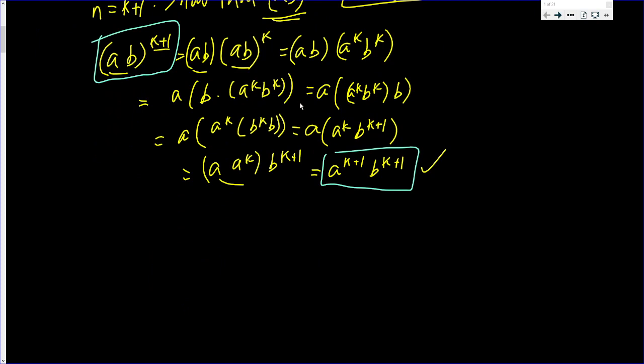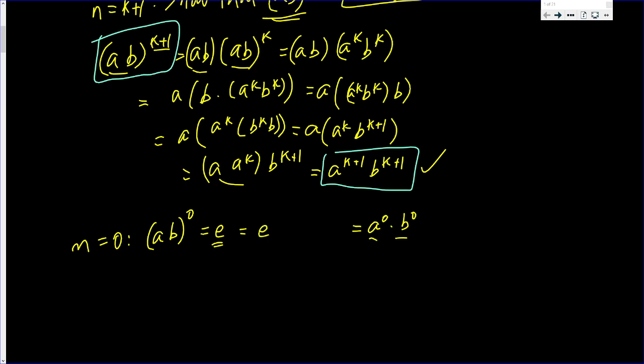Now, let us consider the case when n is 0. Well, (AB) to the 0 is E. And I want it to equal A to the 0 times B to the 0. Well, that's E times E. So let us get two E's.